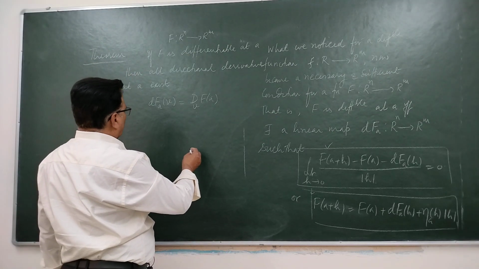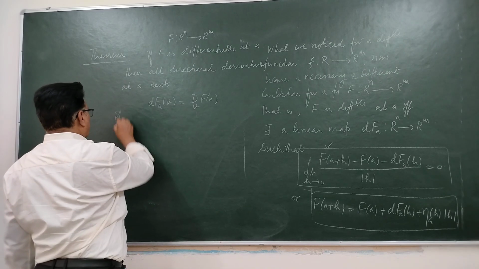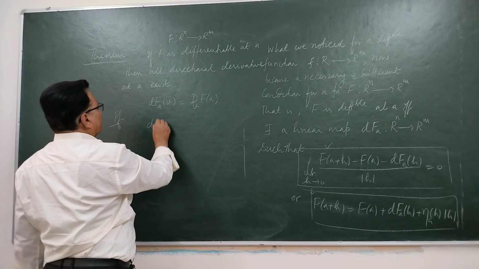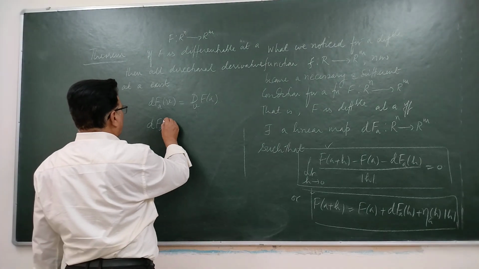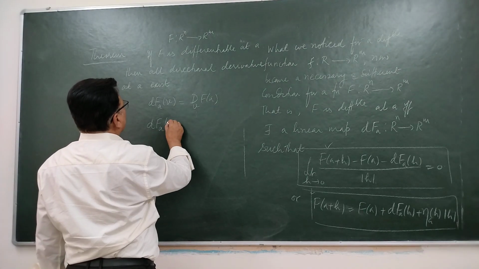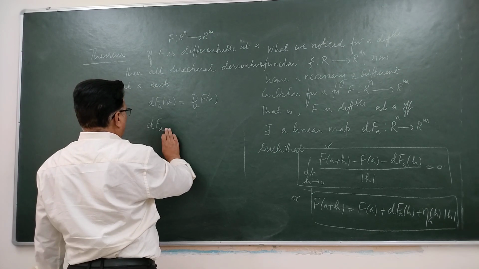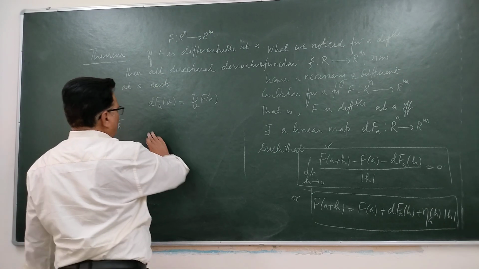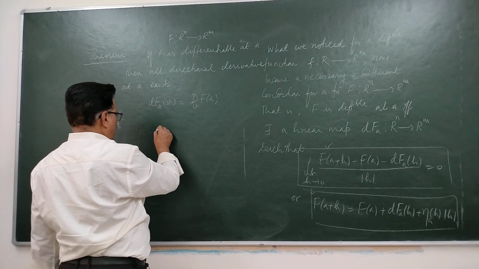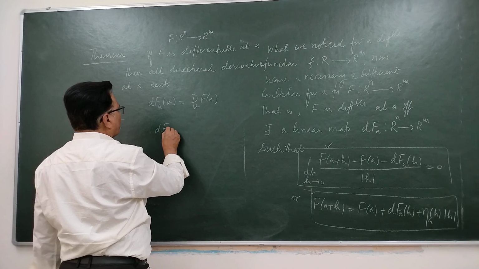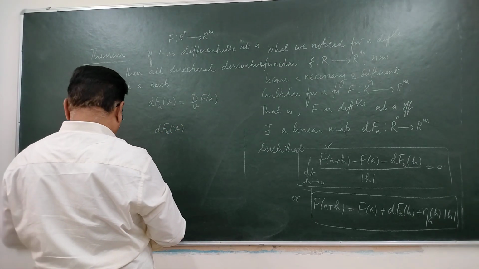Okay, so look here. For the proof, we know that df(a) is a linear map. So if df(a) is a linear map, I can write df(a)(v), let me compute what? df(a)(v) is equal to f'(a) into v.